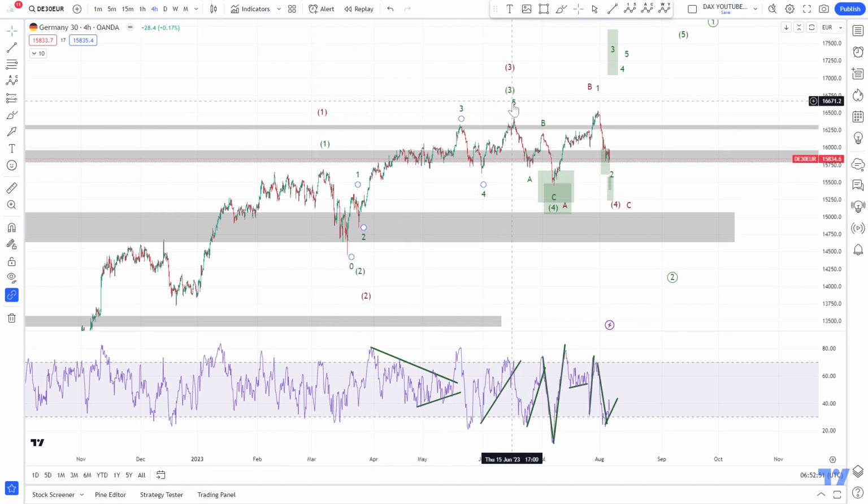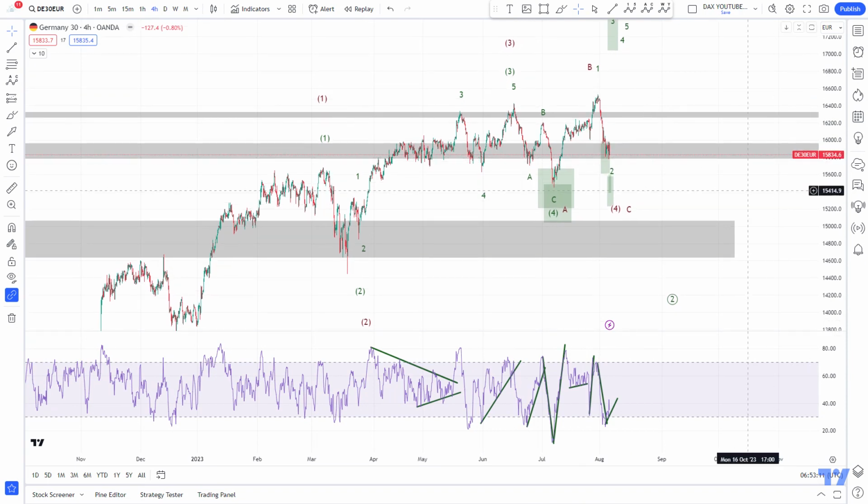Everything is the same till here actually, wave 1, wave 2, wave 3 of both the primary, the bullish one, and the secondary, which is the bearish one, are the same till here. But then here we start to differ.